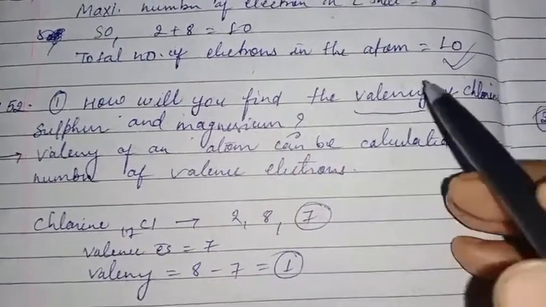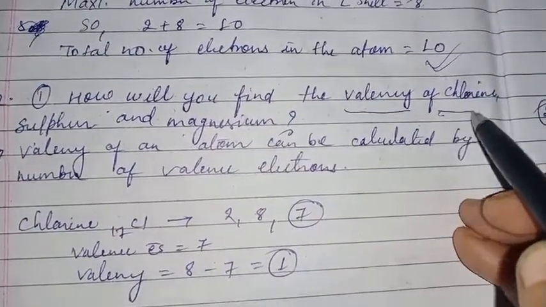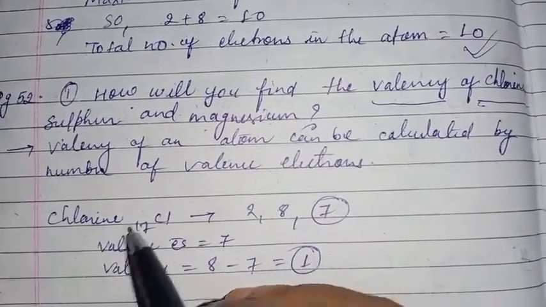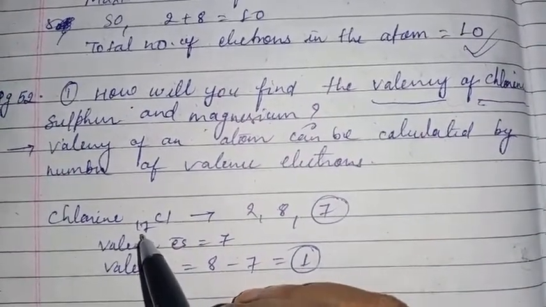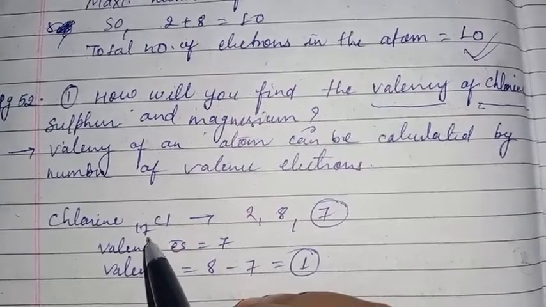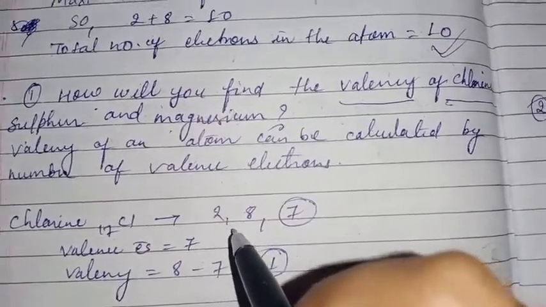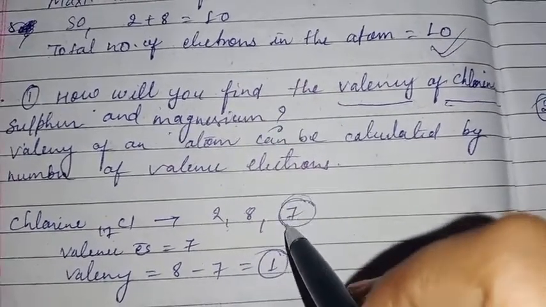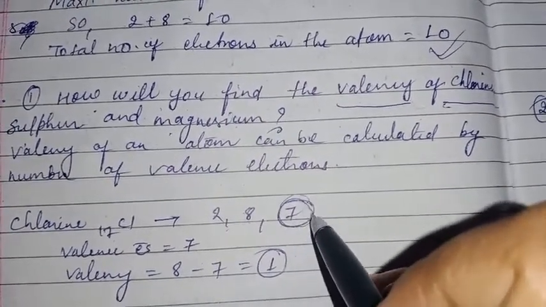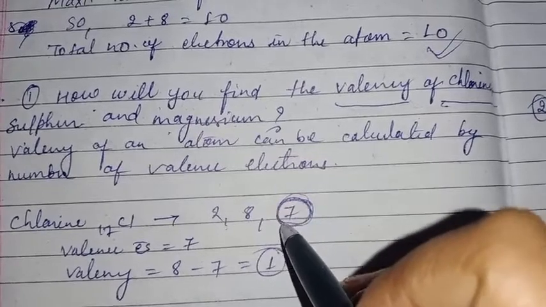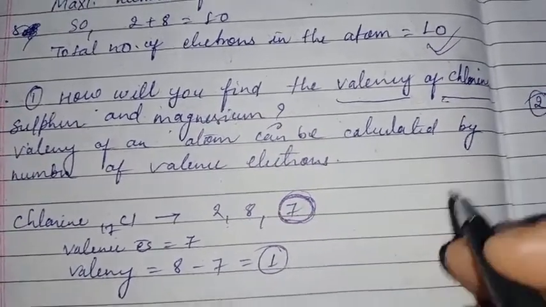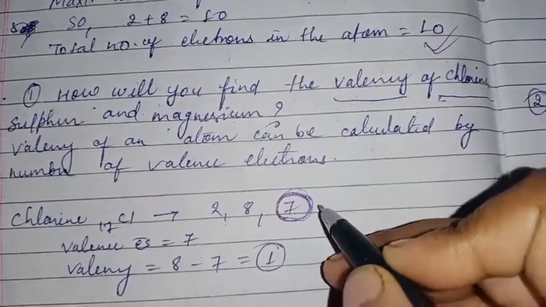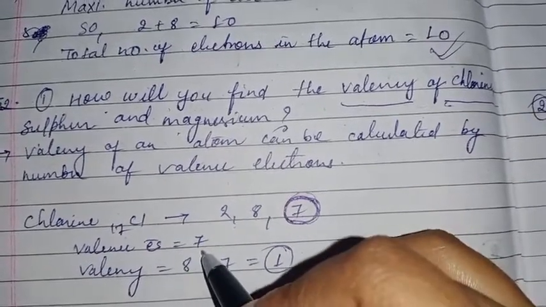So first, you have to calculate the valency of chlorine. In chlorine, there are 17 electrons because the atomic number of chlorine is 17. So the electronic configuration is 2, 8, 7. Okay, so 7 electrons are there in the valence shell. So the valence electrons will be 7.